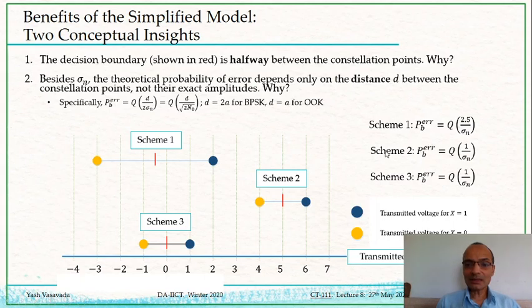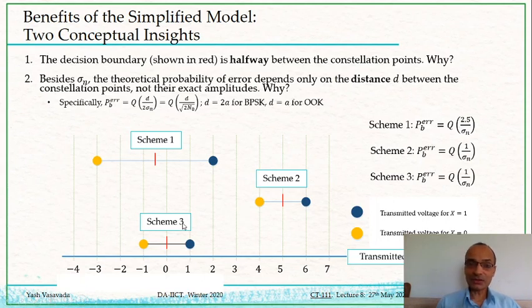So you will see that we are saying that the performance of scheme 2 and scheme 3 are identical, although scheme 2 has constellation points which are different from the constellation points for scheme 3. The performance is identical. The question is, which of the two schemes would you prefer?